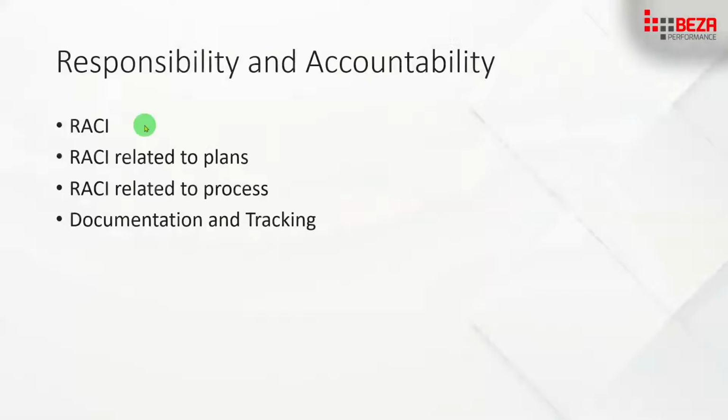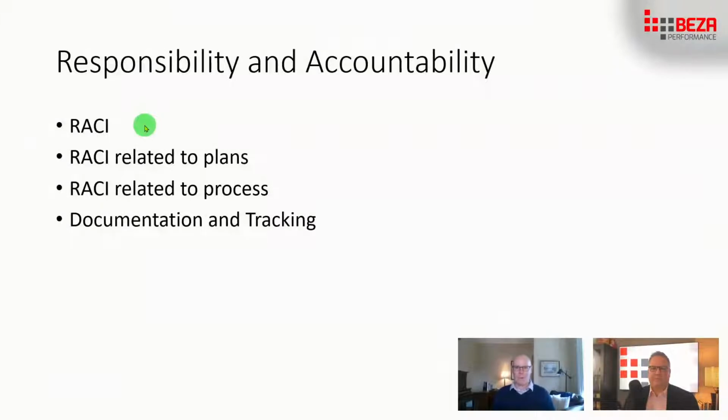And then some ideas on how you can document it and how you can track that you have the right stuff in place. Because it's one thing to just talk about it, but if you actually document it and are able to hold people accountable for their accountability, I know that might be a little too meta for everyone, but that's really what we're trying to get to. If that sounds like it makes sense, I'll jump right into that.